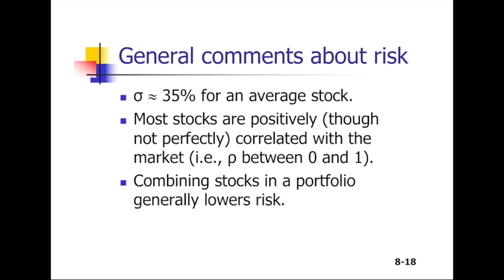I show the general comments about the risk. For an average stock, the standard deviation is 35%, and most stocks are positively correlated with the market. So rho is between 0 and 1. And combining stocks in a portfolio generally lowers the risk.